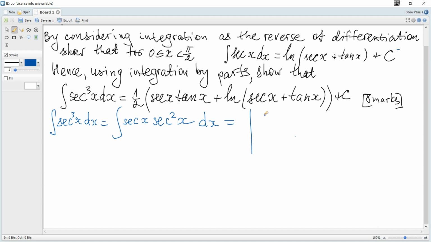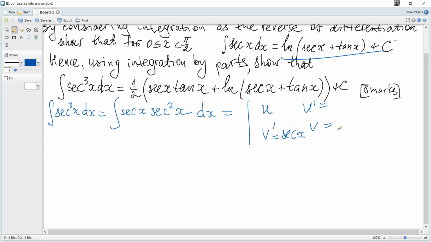Again we need u and v prime, and if we choose v prime to be equal to just secant, the integral is ln, and u to be equal to secant squared.